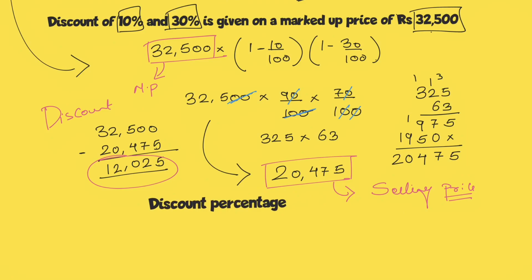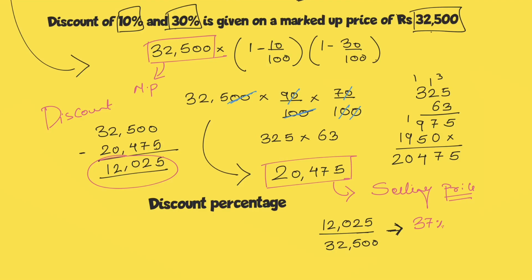In case they ask you what is the discount percent in this case, now this method looks a little complicated, because then you have to find the discount, which you found as 12,025, and you will have to see 12,025 is what percent of your mark price, which was 32,500. That will give you the answer for discount percent. So that comes out to be 37%.